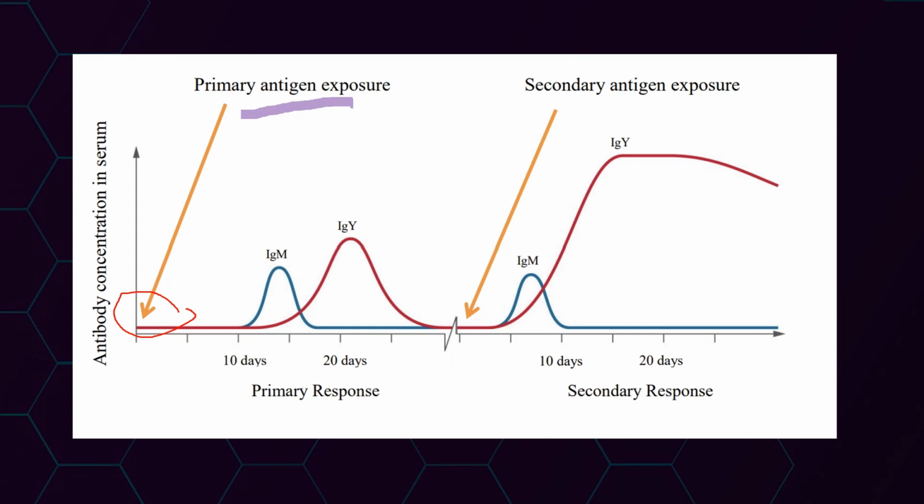And if there is a re-administration of the same antigen, which is called secondary antigen exposure, how does antibody generation happen after that? Here again you find a big peak of antibody generation, because the memory cells will remember the antigen and they will make antibody for the same.